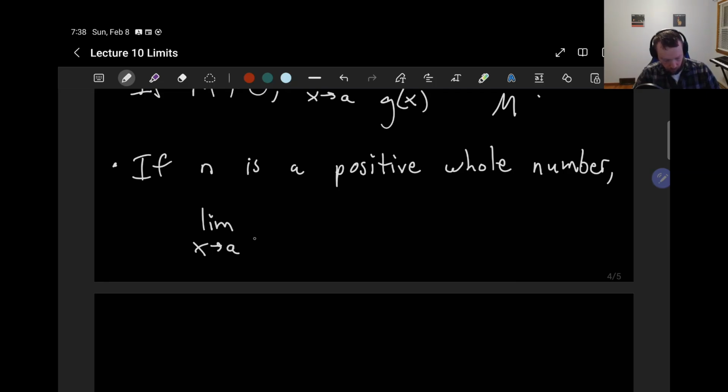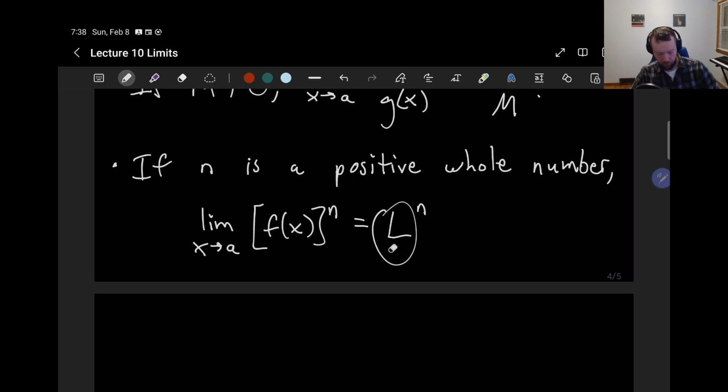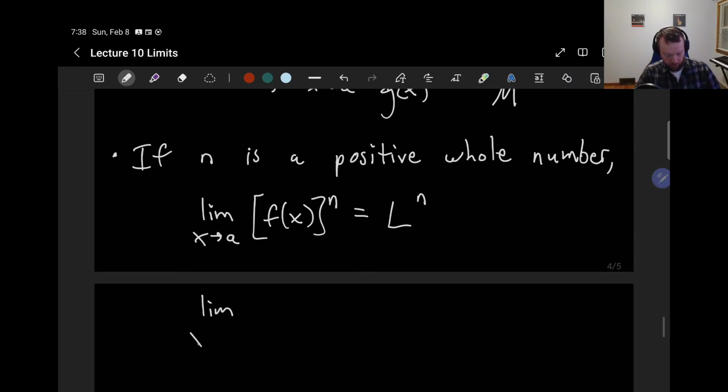The limit works really well with respect to exponents. So if I take that function to the n power, take the limit, then the result is the original result, L taken to the n power. So it works like you would want it to. And then similar result for a radical, the nth root. The result is the nth root of L.